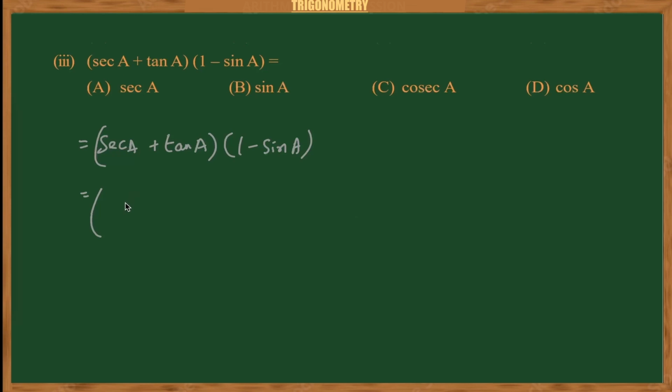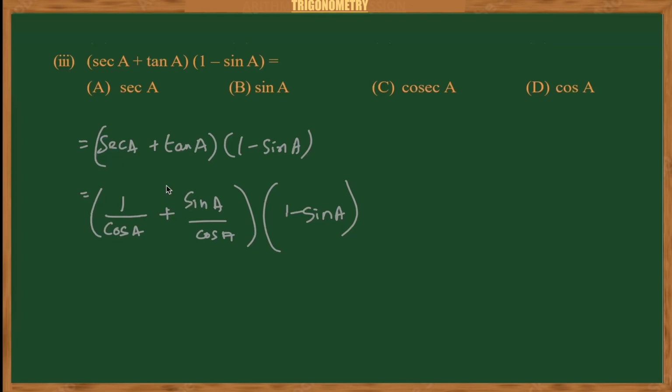So we know secant A can be represented as the reverse of cos A, and we know tan can be represented as sin A by cos A. Then we have 1 minus sin A. Because all this is in sine cos format, this is clear, right?